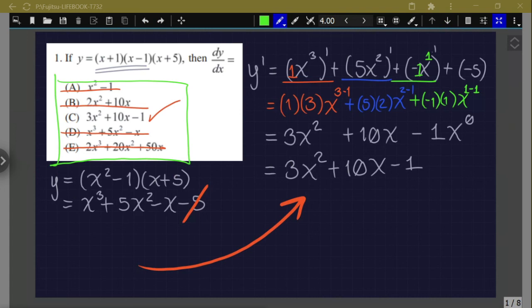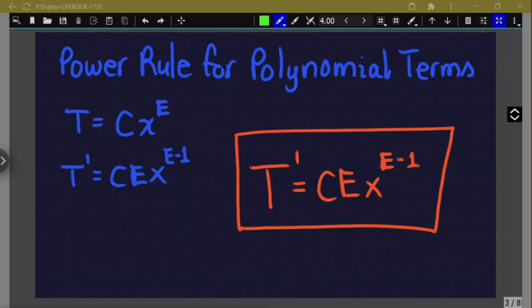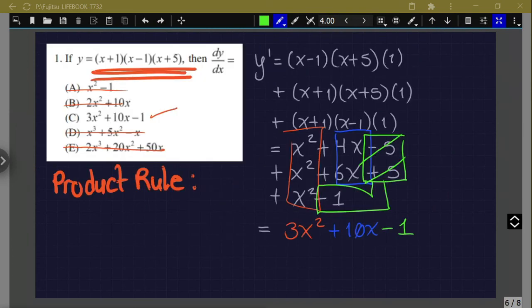But if you have 5 terms, or they are not exactly of degree 1, things can get a little bit messy, and quite often they will give you the answer not expanded. In other words, the answer that they will give you is probably this part there.